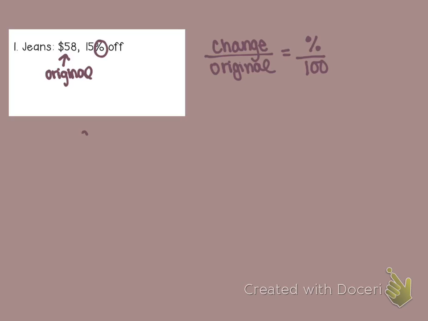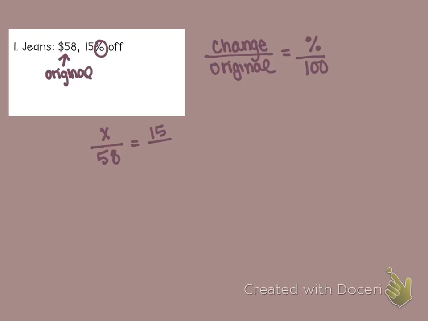So we have our change. We don't know what that change is. We don't know what that discount is. So change over, instead of writing change, we're going to just put X. We don't know what the change is. So that's X over our original, which is 58, equals, we do know the percent.